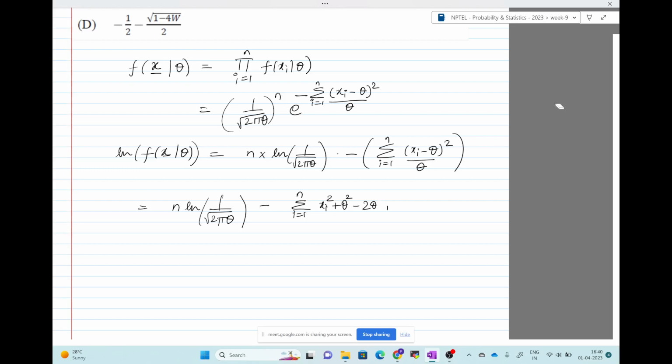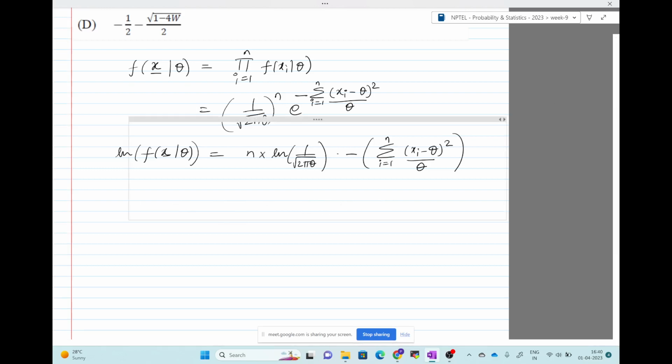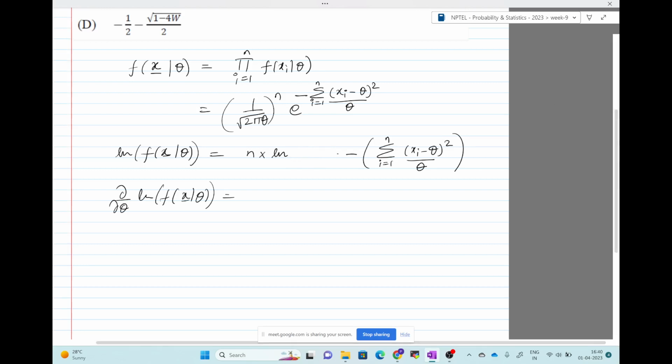You should take the derivative first. This I can write as minus n by 2.